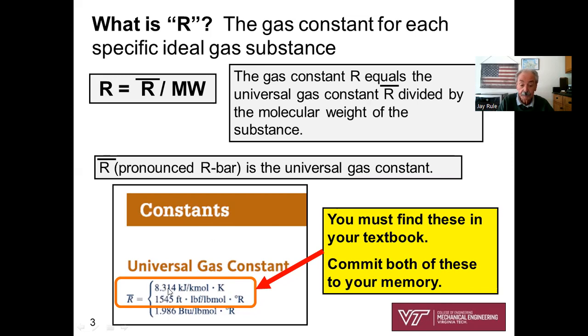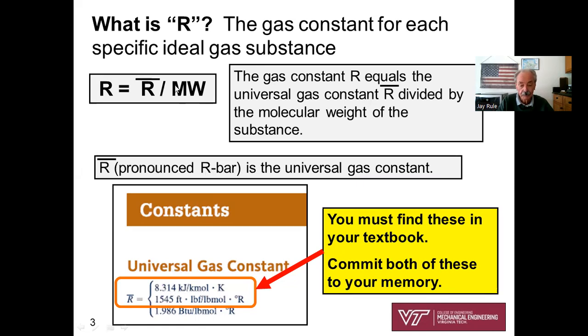Here are numerical values of R bar in both SI and English units. You definitely need to be able to find these in your textbook, and I suggest you commit both of these to memory in terms of numerics and units. So, R bar, the universal gas constant.